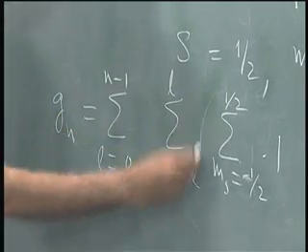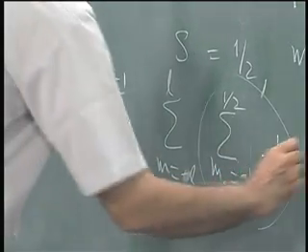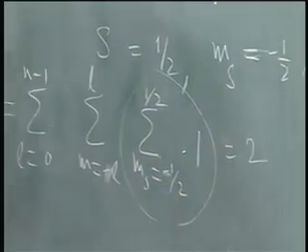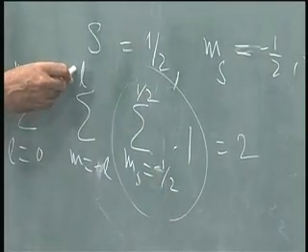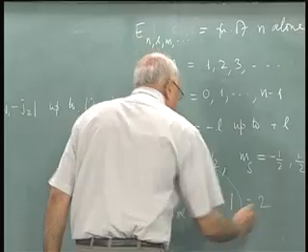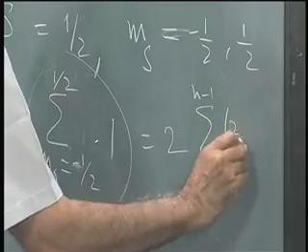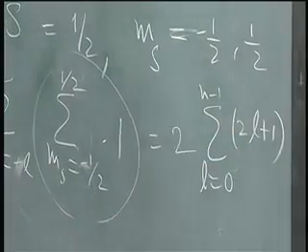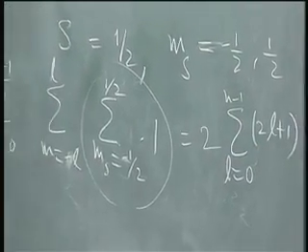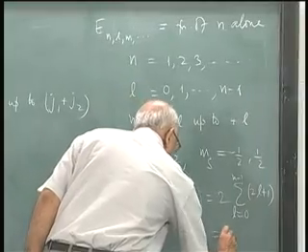This straight away gives you a factor 2, so this is equal to twice. This gives you a 2L plus 1, so you have to sum over L equal to 0 to n minus 1 of 2L plus 1, and this is equal to 2n squared.